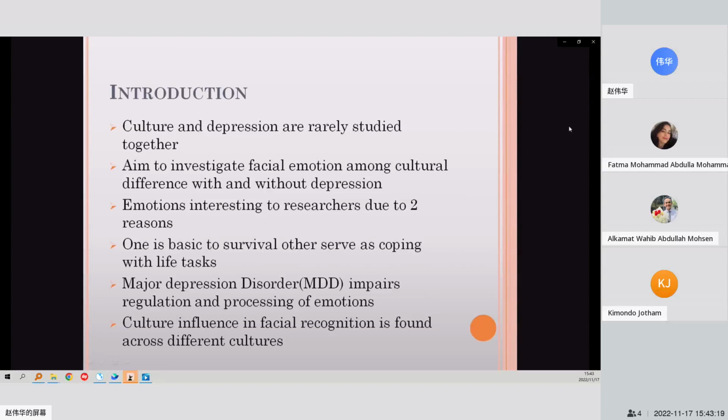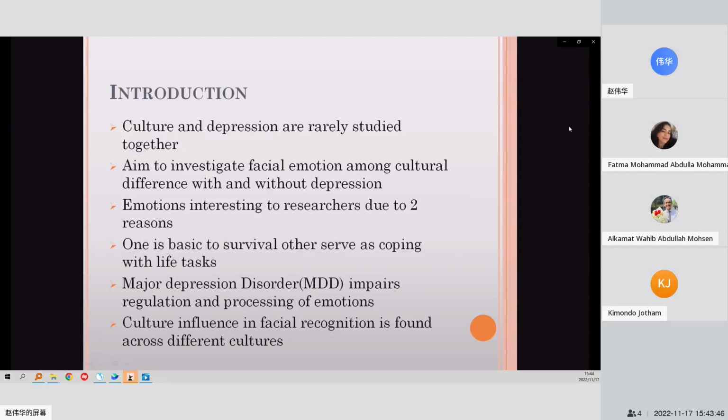The researchers are very interested in studying these emotions mainly for two reasons. One is that the human basic instinct of survival depends on it, and the other is that to cope with basic life tasks we need to study this topic.